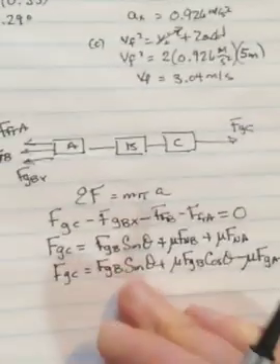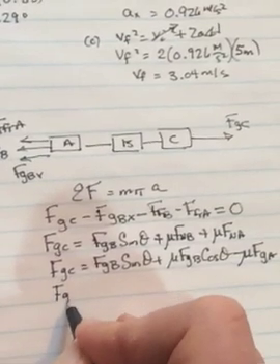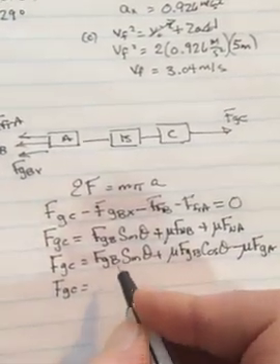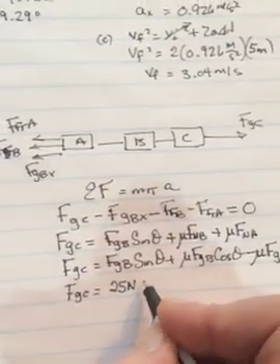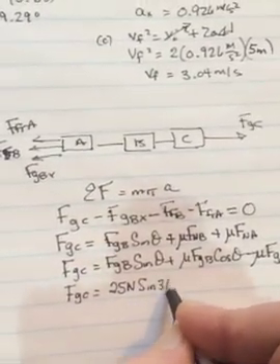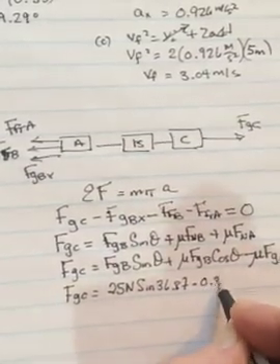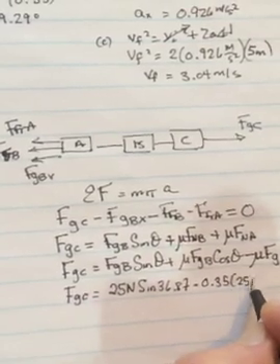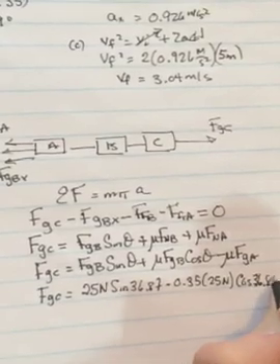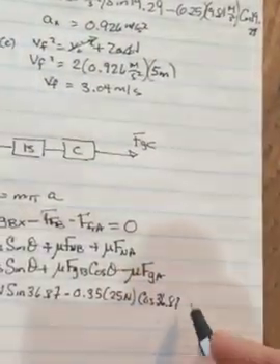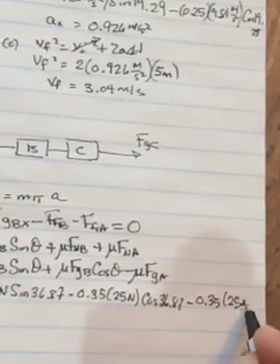And I haven't written them as mg because I gave you the FG, so no sense finding out what m is and then multiplying it by 9.81. So this will be 25 newtons, and the angle is 36.87. So sine of 36.87 minus the coefficient, which was 0.35, times 25 newtons cos of 36.87 minus 0.35 times 25 newtons.